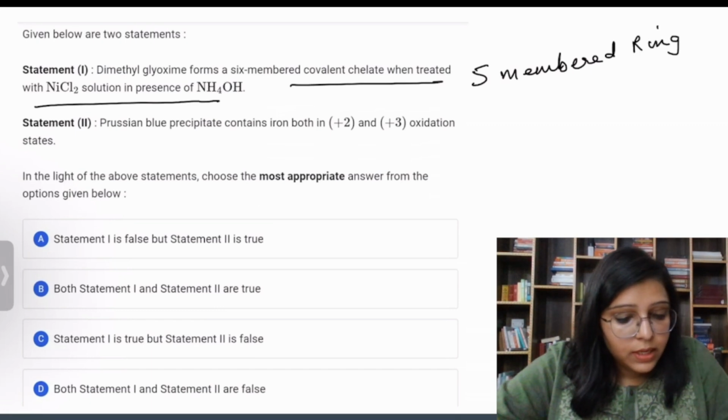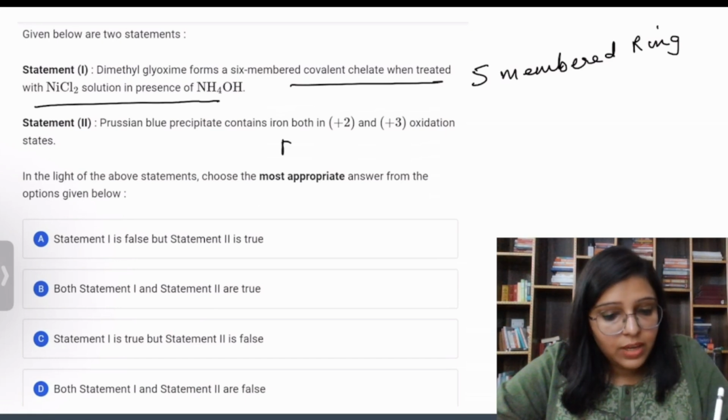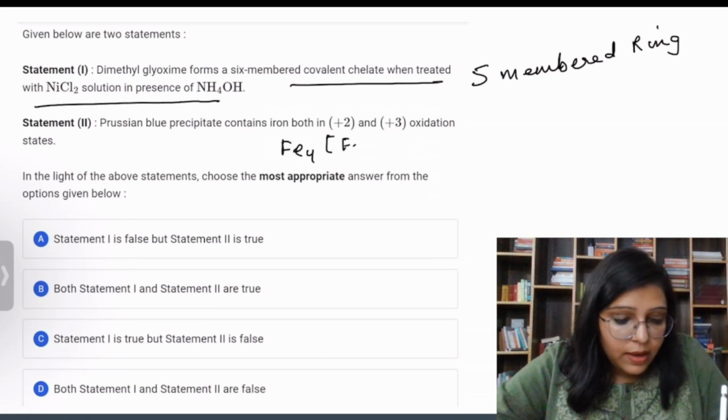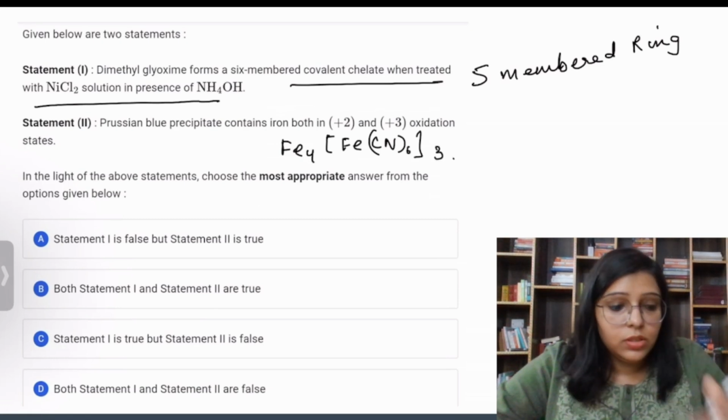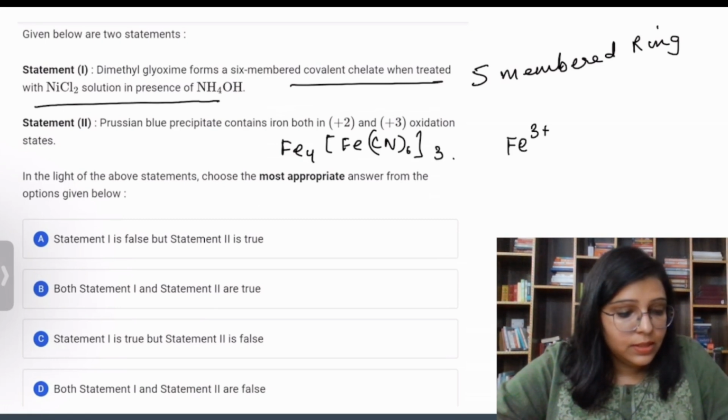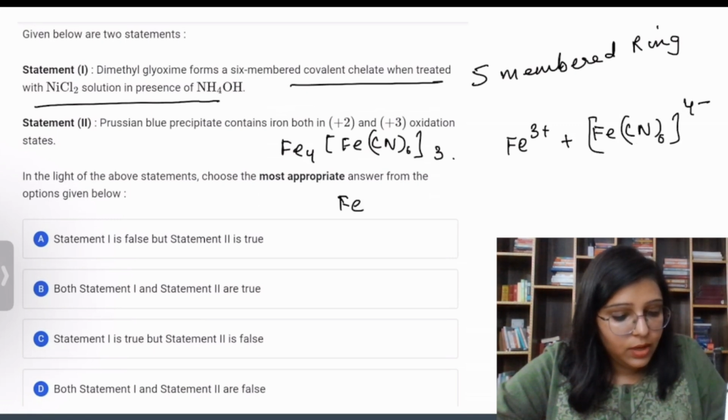Prussian blue precipitate contains iron in both +2 and +3. Yes, it is true. So we have Fe4[Fe(CN)6]3, basically Fe3+ and [Fe(CN)6]4-. For Fe we write +3, for [Fe(CN)6] we write -4.